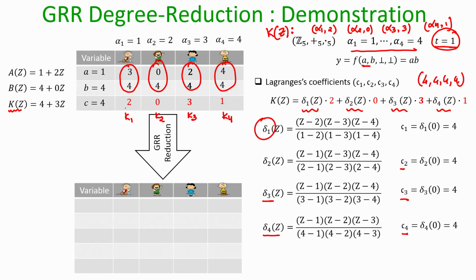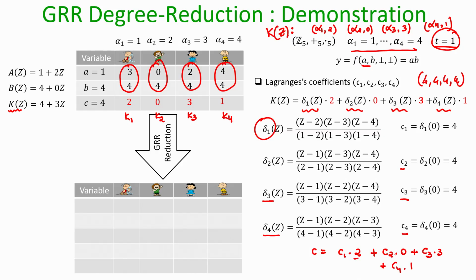They have got nothing to do with the shares of A, B and the shares of 4 which right now are available with the parties. So, now we know that the unknown value C is a linear combination, namely it is C1 times the value k 1 which is 2, plus the second Lagrange coefficient times the value k 2 which is 0, plus the third Lagrange coefficient times k 3 which is 3, plus C 4 times k 4 which is 1.